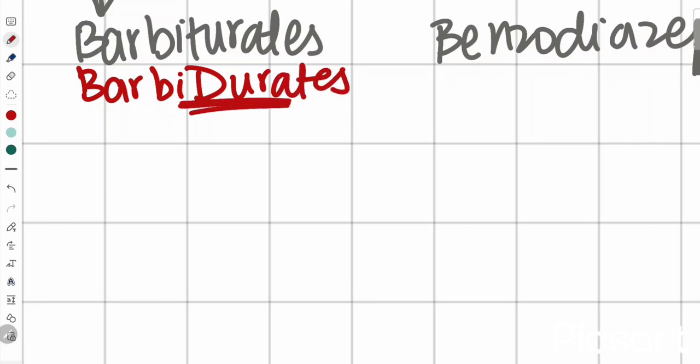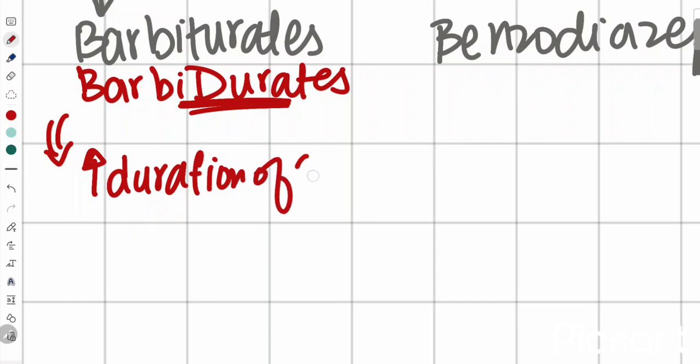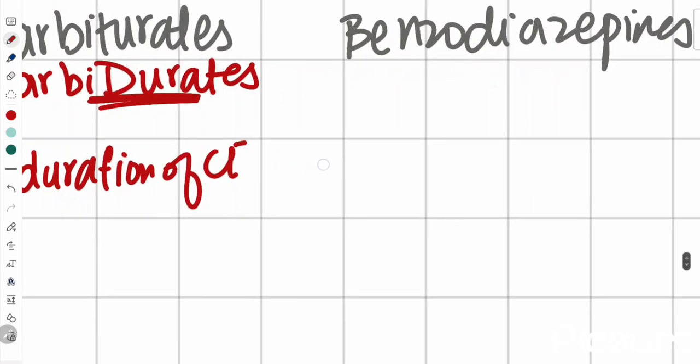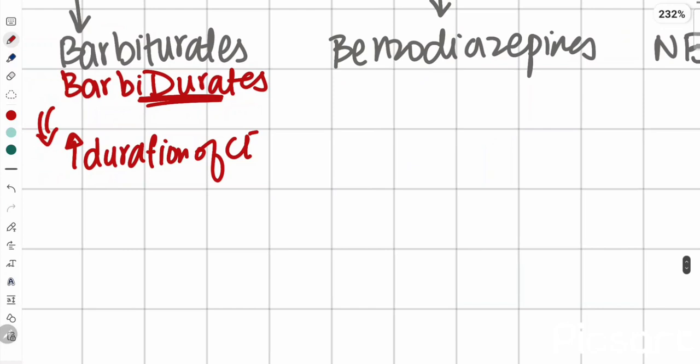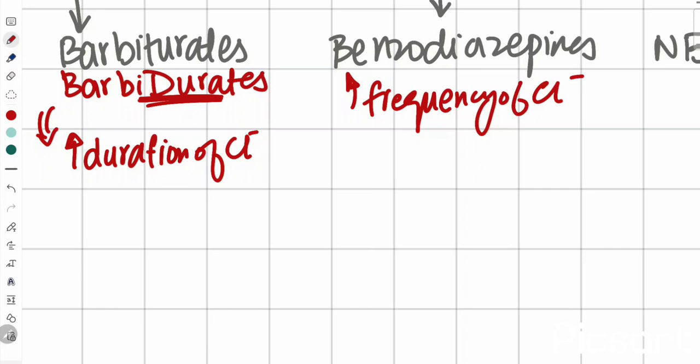From here you will know that this is going to cause increased duration of chloride channel opening. And benzodiazepines, by the rule of exclusion, are going to increase the frequency of chloride channel opening. Now the thing is, what are chloride channels?